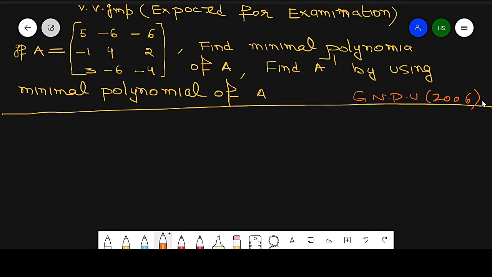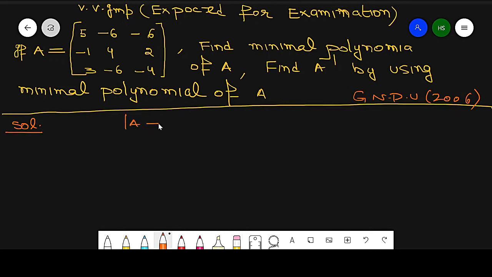Now, first my aim is to find the characteristic equation. Now solution. What is the characteristic equation?